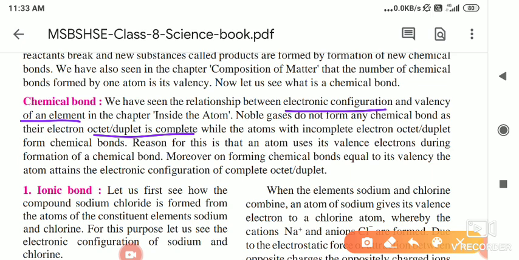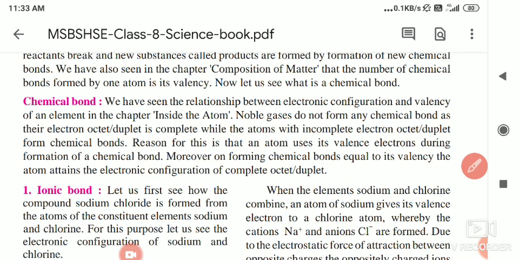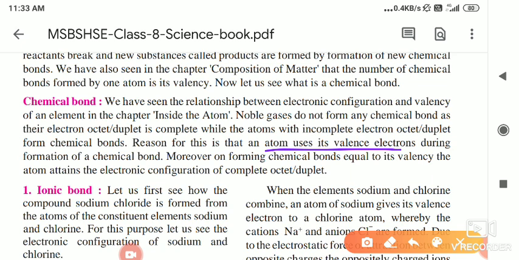While atoms with an incomplete electron octet or duplet form chemical bonds. The reason for that is that an atom uses its valence electrons during formation of chemical bonds. Atoms use valence electrons for the formation of chemical bonds, forming chemical bonds equal to their valency, that much chemical bonds it forms with other substances. The noble gases' valency is 0, and that's why they do not form any bond with any other substance.